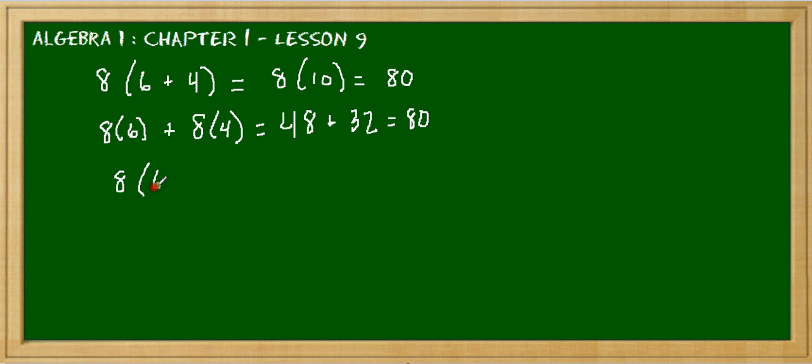That 8 times parentheses 6 plus 4 and parentheses is equal to 8 times 6, and again, technically speaking, 8 times parentheses 6 and parentheses. But really, these are just two numbers that are being added. 8 times 6 plus 8 times 4. And this pattern is true for any set of 3 numbers.